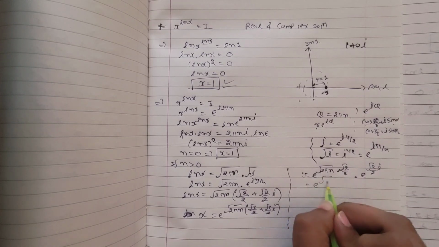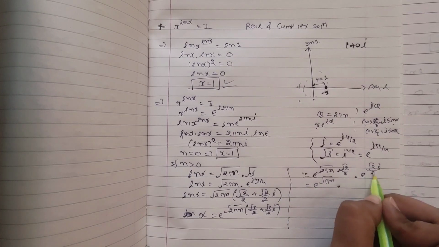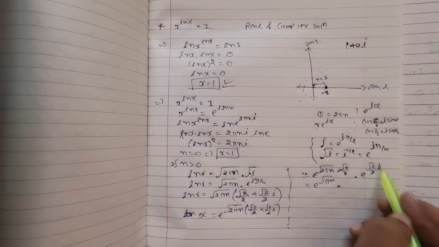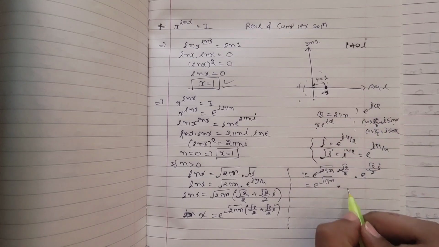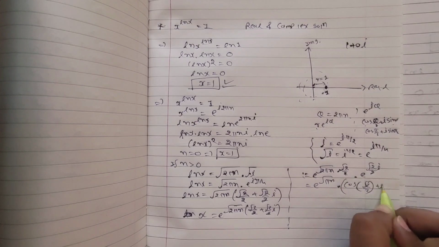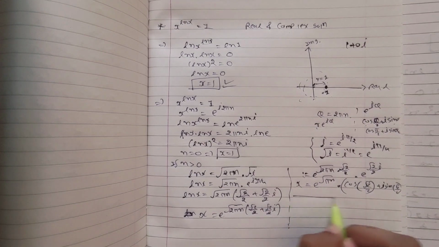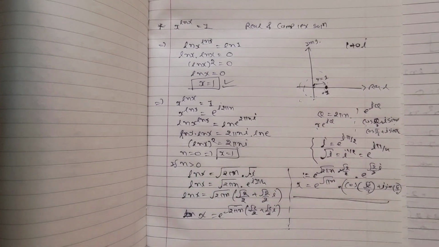Only under root pi n remains, into the other part. Now how can I write this? With the help of the same formula, because this is a form of e raised to iota theta, it will become cos root 2 by 2 plus iota sin root 2 by 2, right? This is our final answer for n greater than 0.